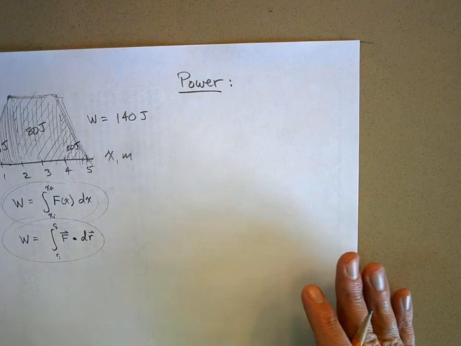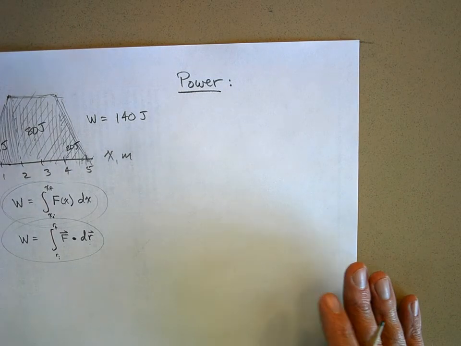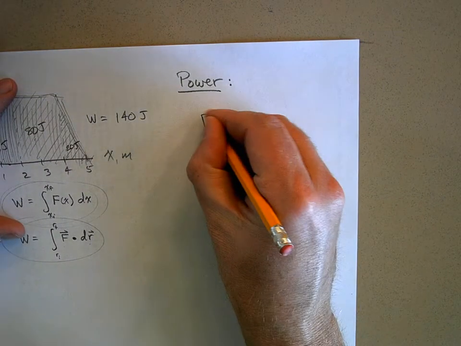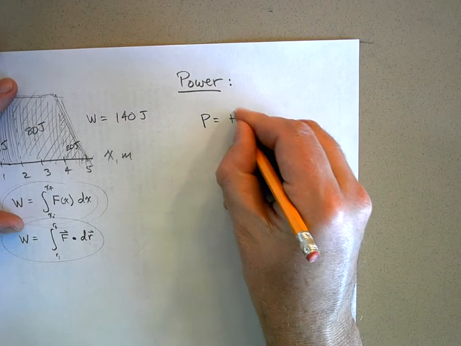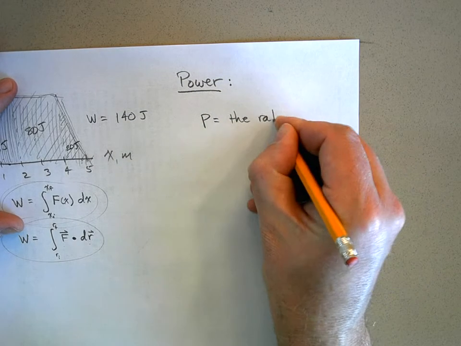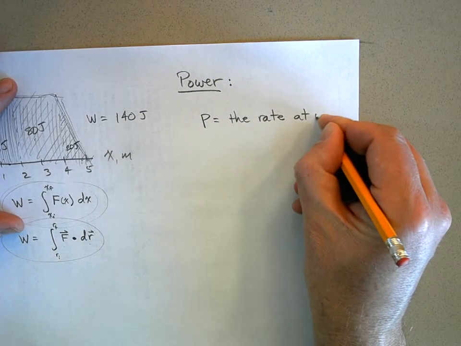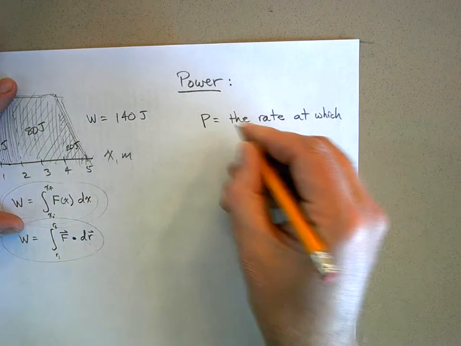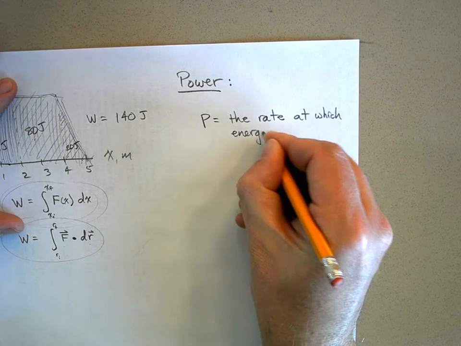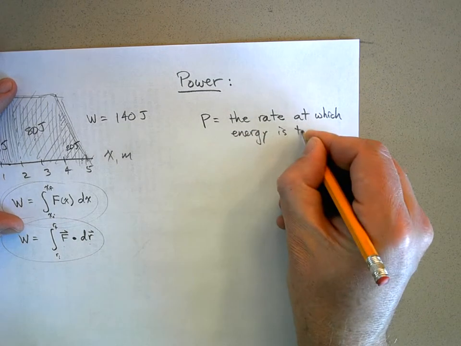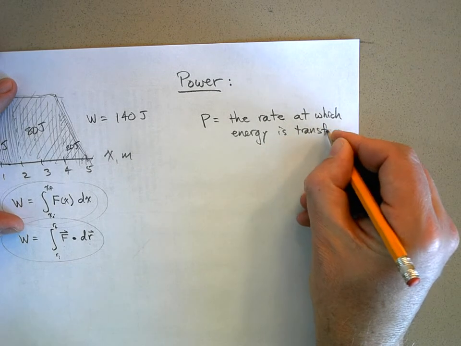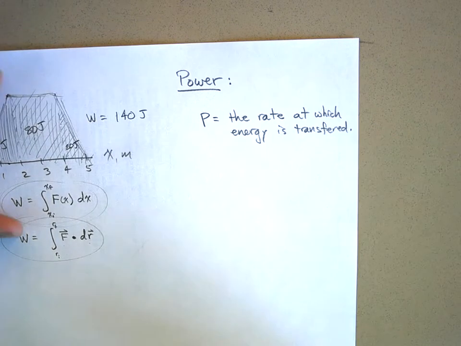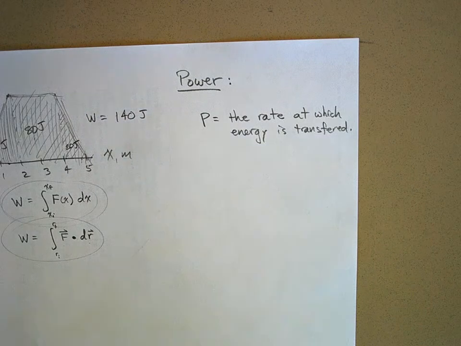Power is defined to be the rate at which energy is transferred. Power is the rate at which energy is transferred from one system into another system. How fast are you moving the energy?